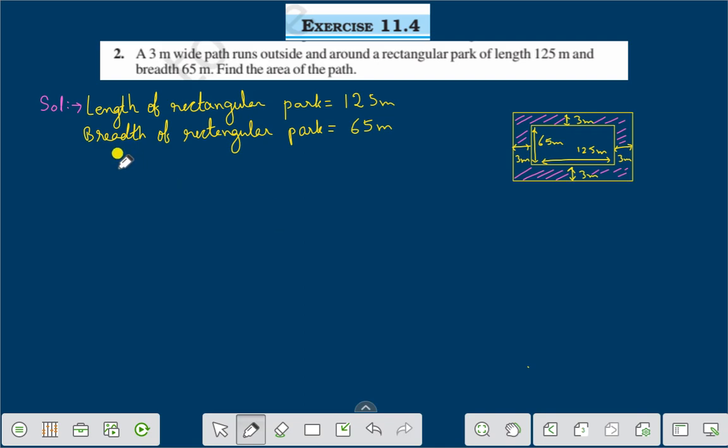Now length of rectangular park with path. You see, this is 125, this is 3 meter, and this is 3 meter. That means total length is 125 plus 3 plus 3.